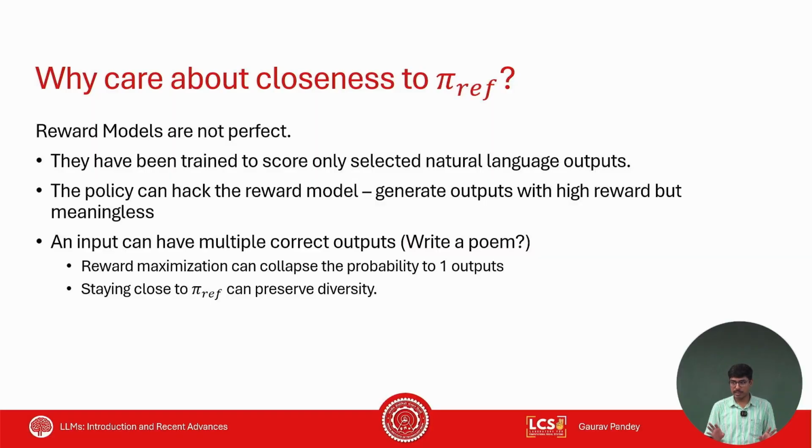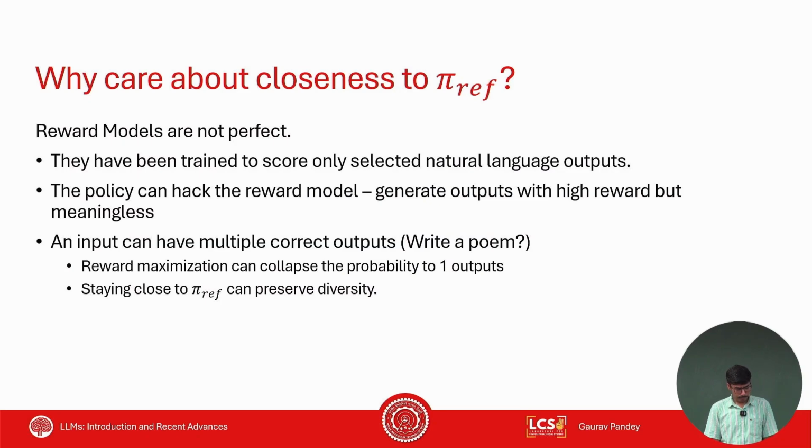It will look very weird actually. So you don't want to simply maximize the reward model, unless it is somehow a perfect reward model. I don't think there is any perfect reward model, so you don't want to hack the reward model, and that's called reward hacking. If your model ends up generating very high reward outputs that don't make any sense at all, it's called reward hacking.